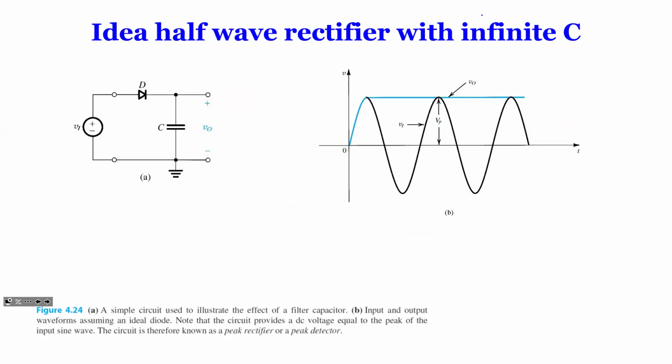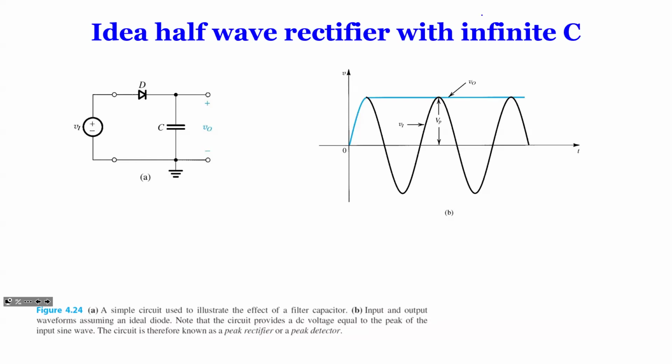You have a capacitor, and then you have AC coming in. When AC starts to increase, it's going to charge the capacitor, all the way to the peak, minus the voltage drop on the diode initially.